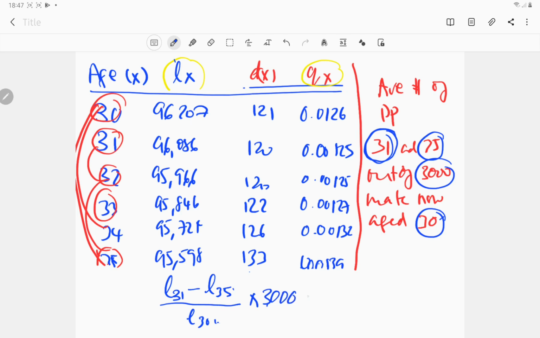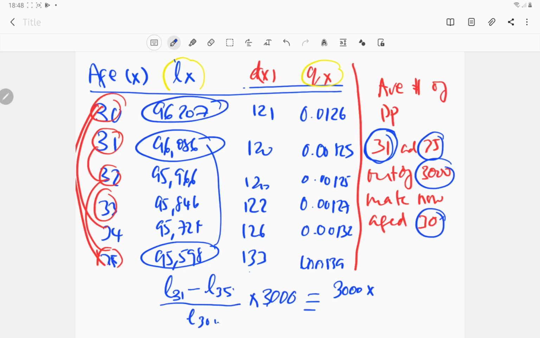You take 3,000 multiplied by L31 minus L35, then divide by L30. Once you do that, the value is approximately 15, so approximately 15 people are expected to die within that period.